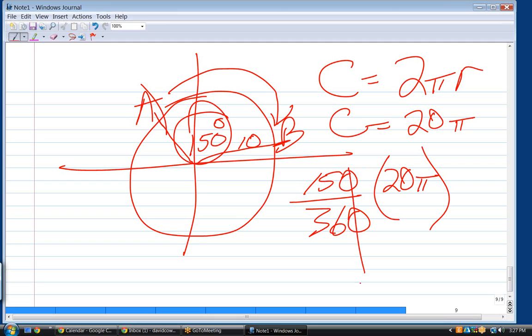Okay. Now, you can do a lot of things here. So what does this reduce to? Let's see. 20 times 15 is 300 over 36 pi. And let's see.